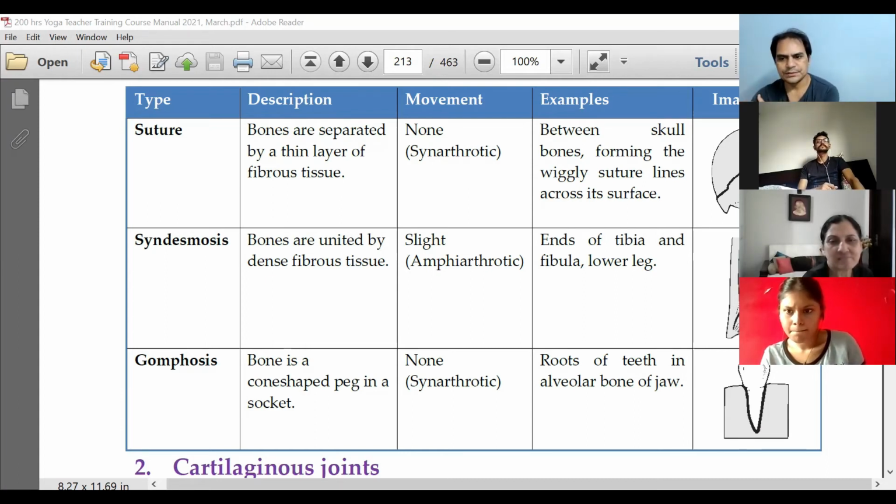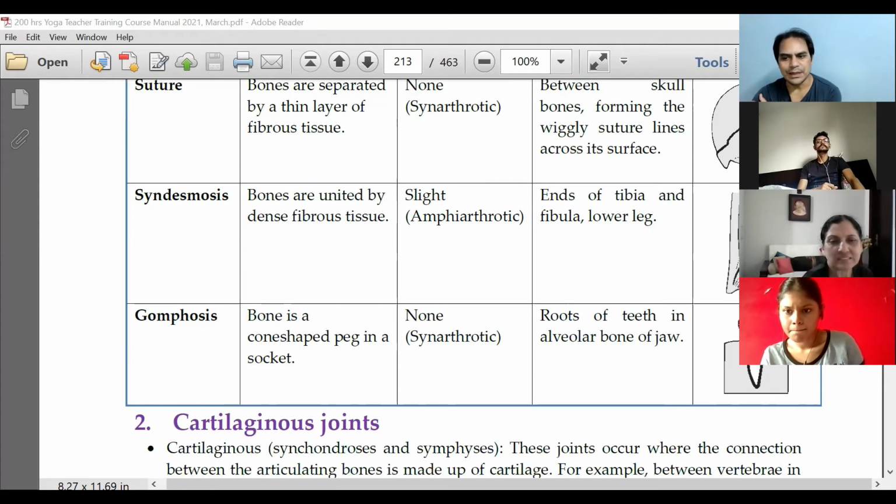There is joint. So these are immovable joints. And then gums, the root of the teeth in the jaw. They are also joints, but you cannot move them. So they come under fibrous joints. Clear? Fibrous joints.